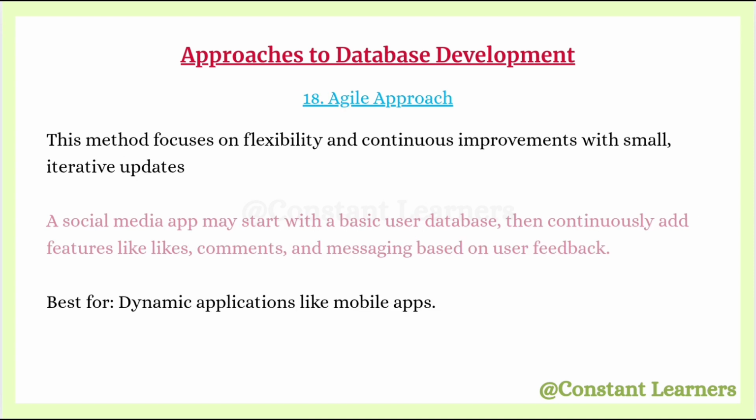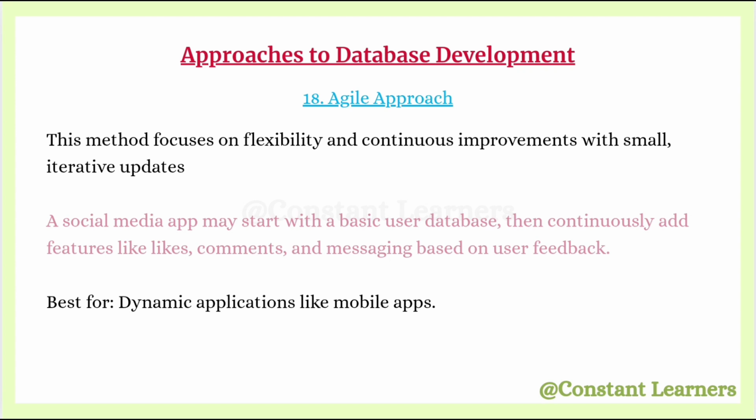The 18th approach is the Agile approach. This method focuses on flexibility and continuous improvements with small iterative updates. A social media app may start with a basic user database, then continuously add features like likes, comments, and messaging based on user feedback.